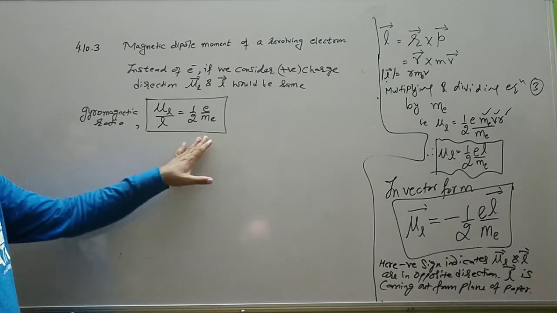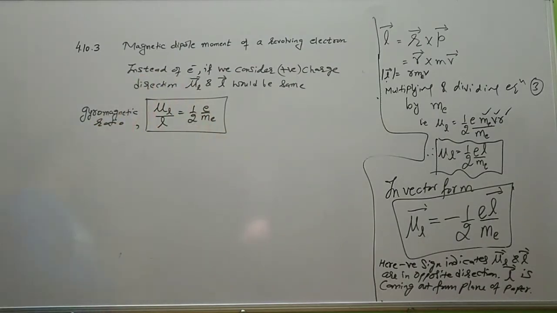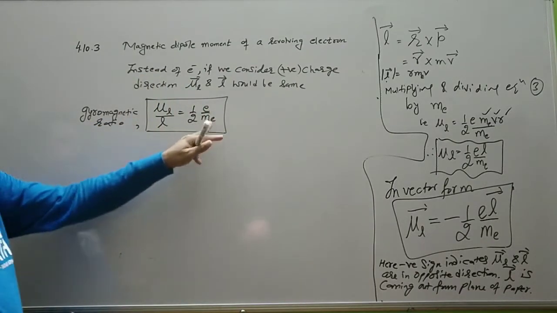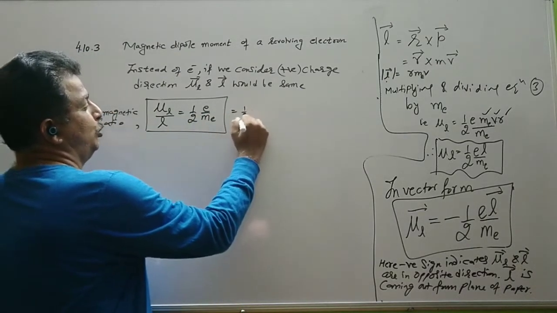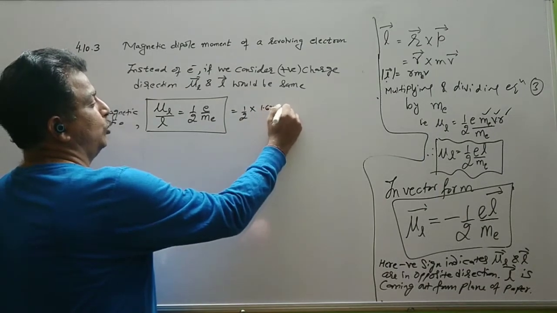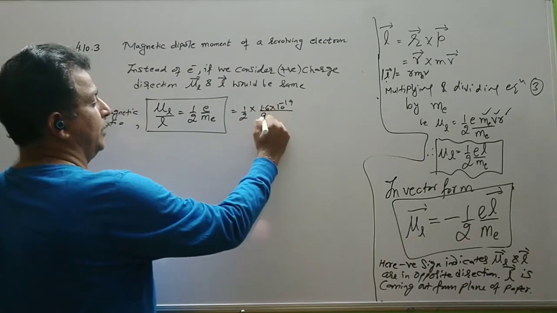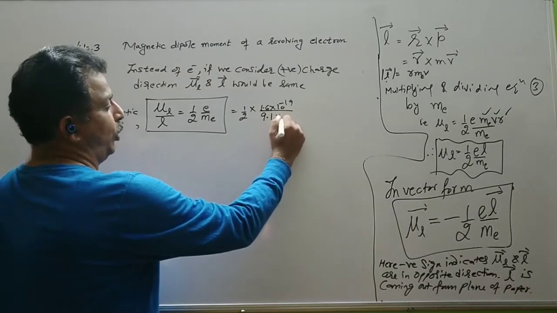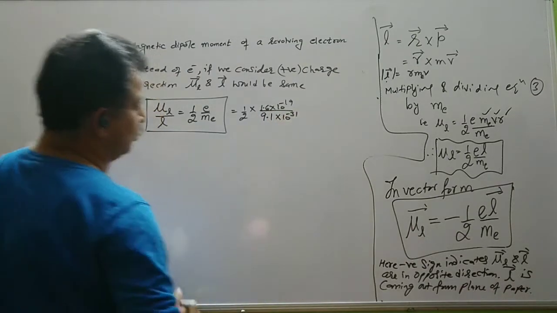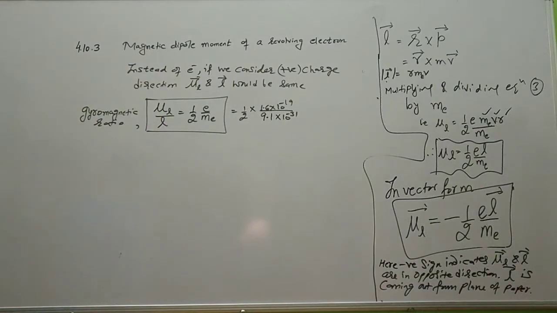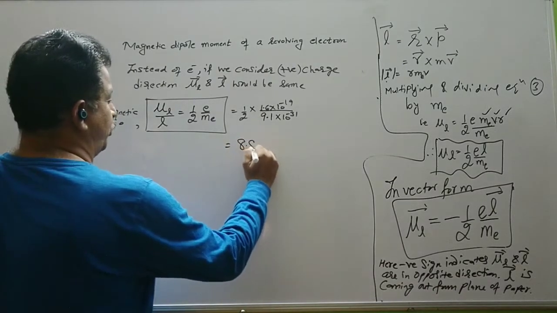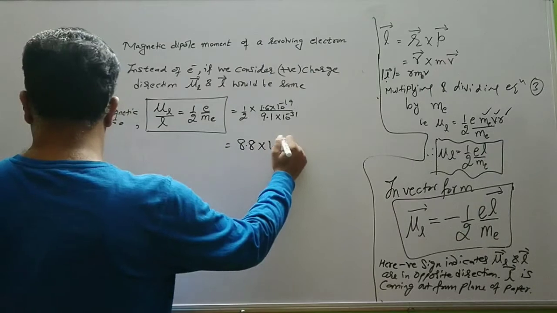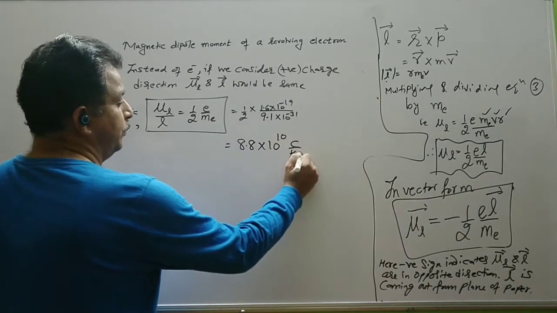Now we know the values of the charge on the electron and the mass of the electron. So for an electron, I can substitute the values, that is 1.6 into 10 raised to minus 19 divided by the mass of the electron, 9.1 into 10 raised to minus 31 kg. Substituting all these values, this comes out to be about 8.8 into 10 raised to 10 coulomb per kg.